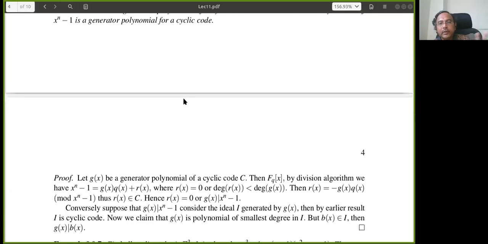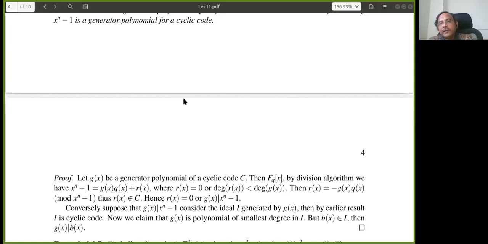So ideals and cyclic codes are in one-to-one correspondence. That is a result not yet proved, but it is a fact now. Ideals are principal ideals, generated by a single polynomial. In particular, I take a polynomial which is monic, then that is unique, and that polynomial is called the generator polynomial. Next, I showed that the generator polynomial divides x power n minus 1.